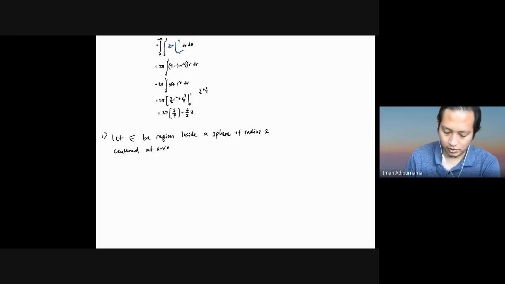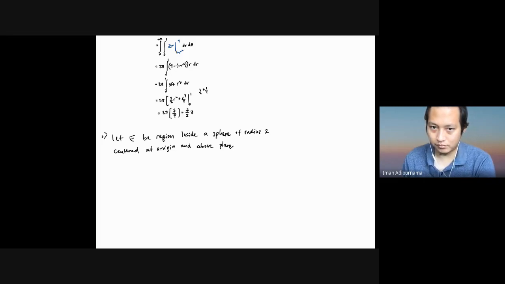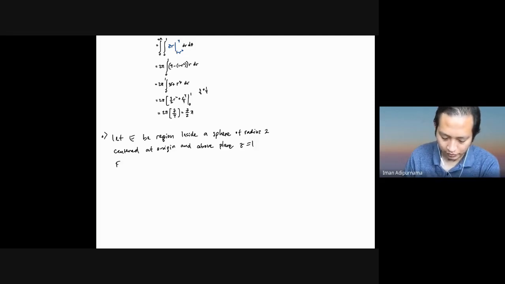So the sphere is at 0, 0, 0, and above the plane z equals 1. So E is inside the sphere, but above z equals 1. So for z, you need to have 1 until this sphere equation, right? Let me draw it for you. Find the volume of E.